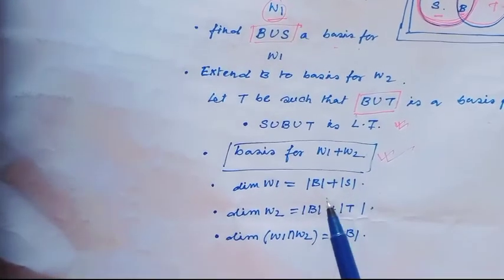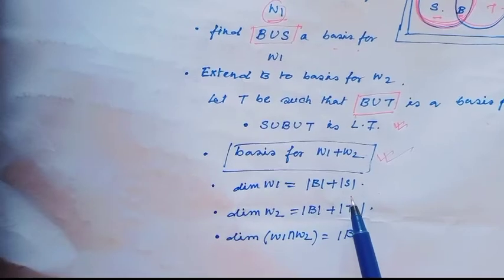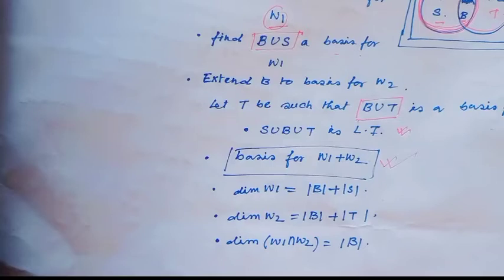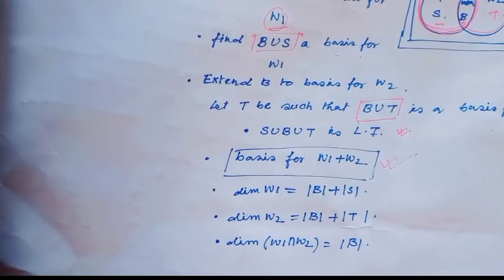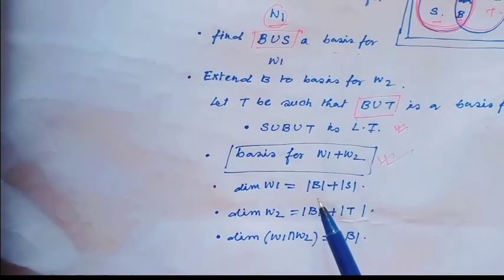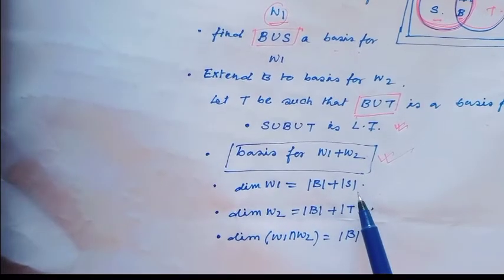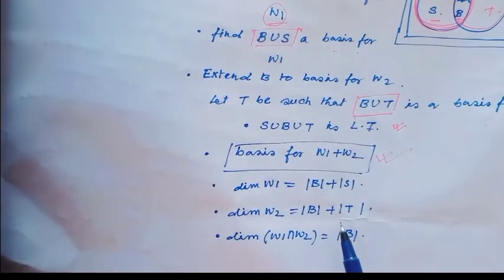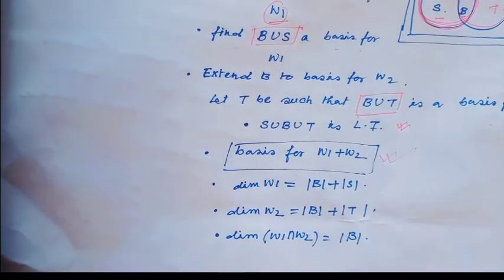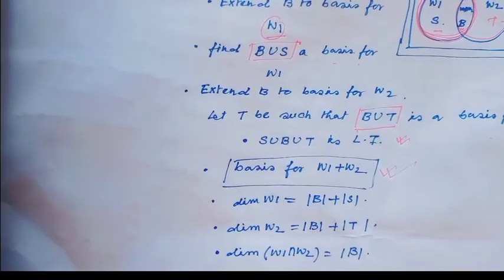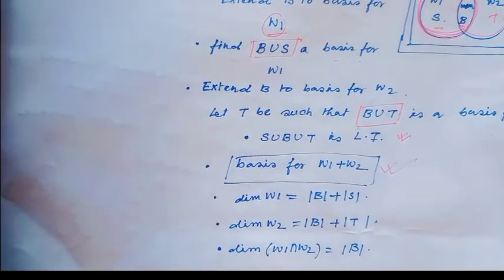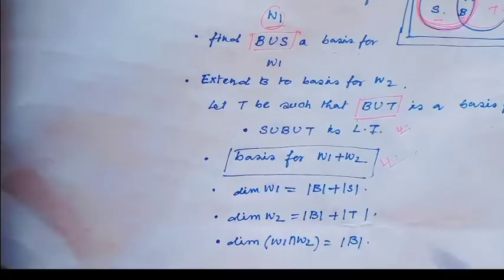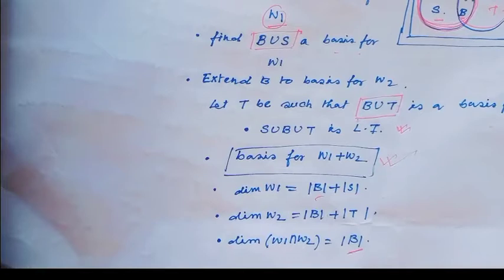Then dimension of W1 would be, dimension means the number of elements of a linearly independent set that spans the whole space, dimension of B plus dimension of S, and dimension of W2 equals dimension of B plus dimension of T, and dimension of W1 intersection W2 would obviously be dimension of B.